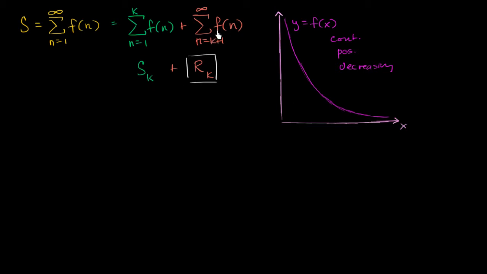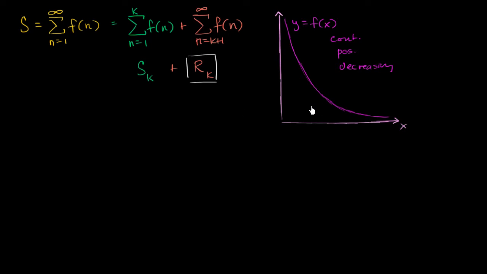There's two ways to conceptualize what this sum represents relative to this graph. As we'll see, it can represent an overestimate of the area between some x value and infinity, and it could represent the underestimate of a different region. So let's look at that. So let's first think about the underestimate.